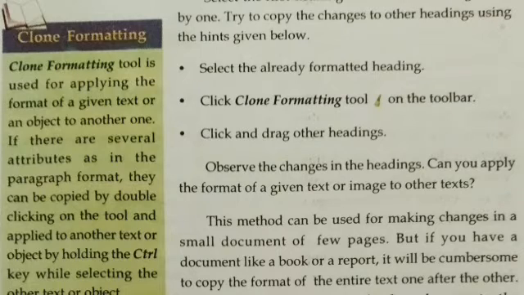If there are several attributes as in the paragraph format, they can be copied by double clicking on the tool. Note the point of how to use clone formatting. First of all, we have to make changes on a subheading or whatever we need. After that, select it and double click on the clone formatting tool in the standard toolbar.